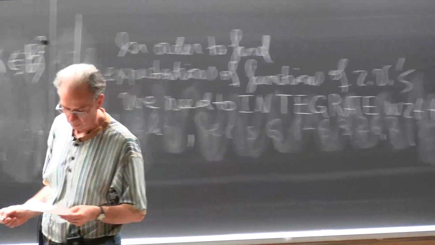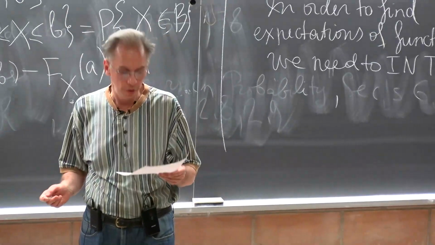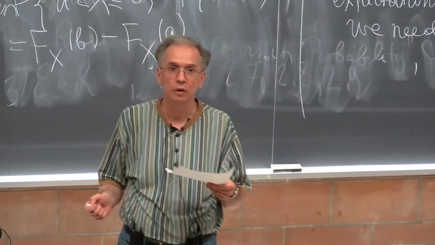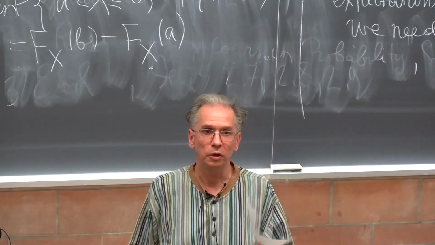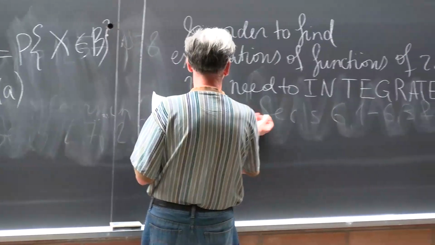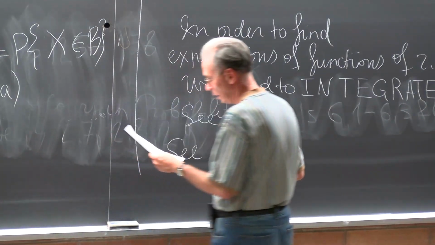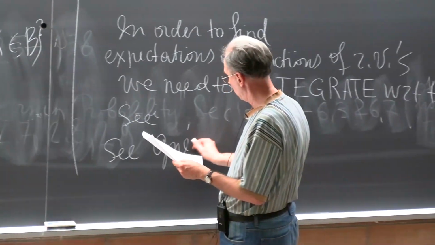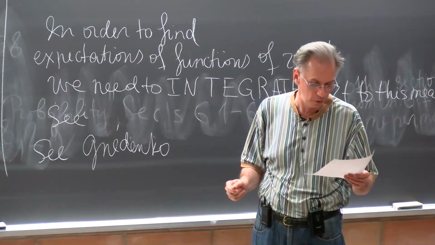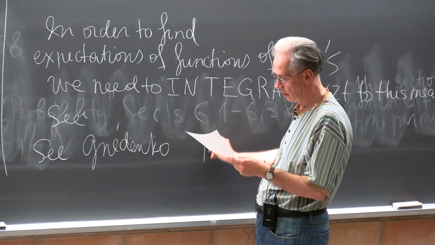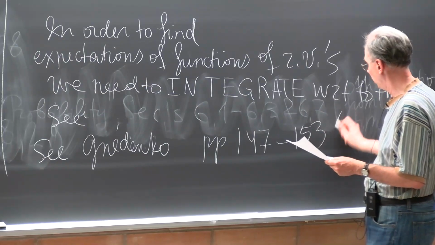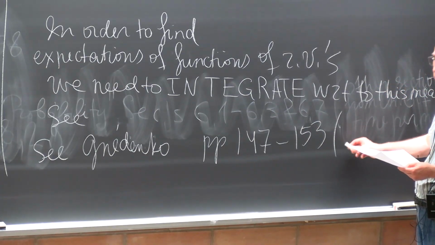Chapter 3 of Billingsley, and specifically section 17, gives you some idea how to do it, but also Gnedenko has a Stieltjes integral considered in the context of probability theory on pages from 147 to 153. And he also calls it a Stieltjes integral.